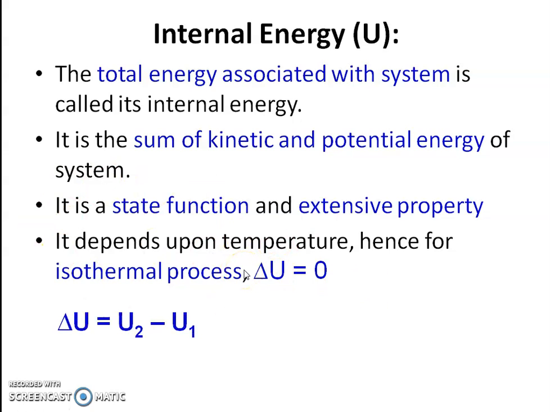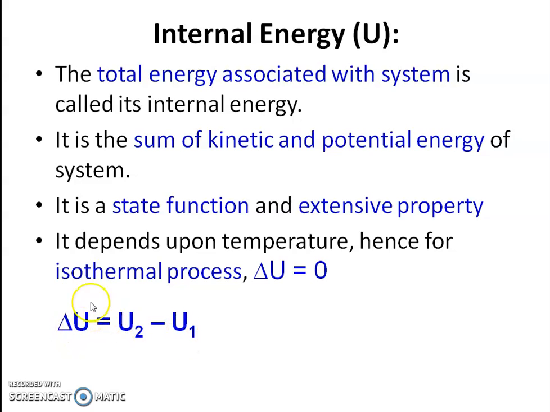Actually, it is difficult to determine the absolute internal energy, that is U, but change in internal energy, that is delta U, can be calculated from the difference of internal energy of final state and initial state.